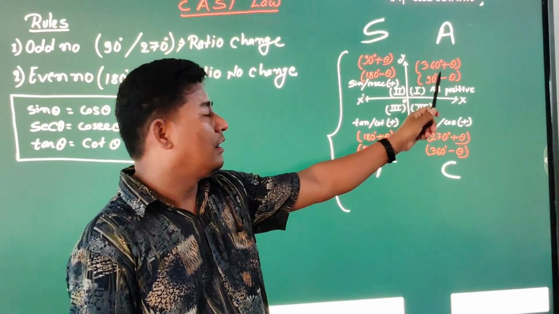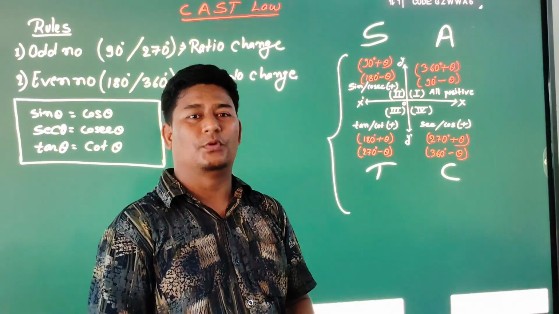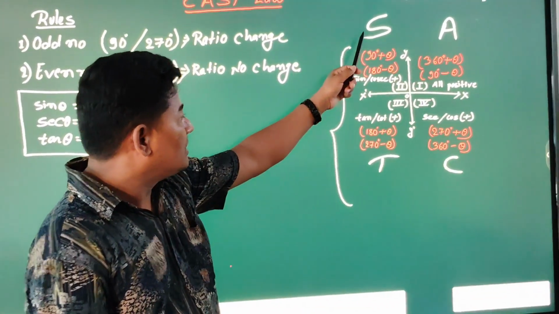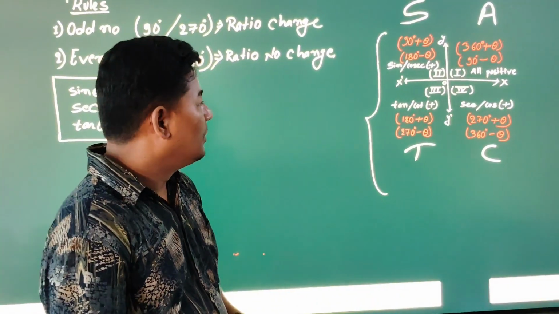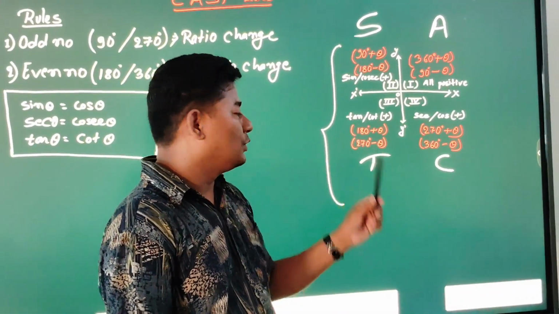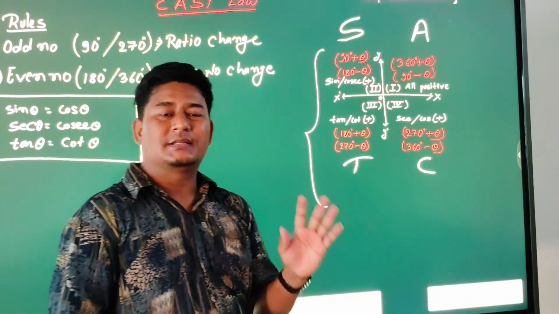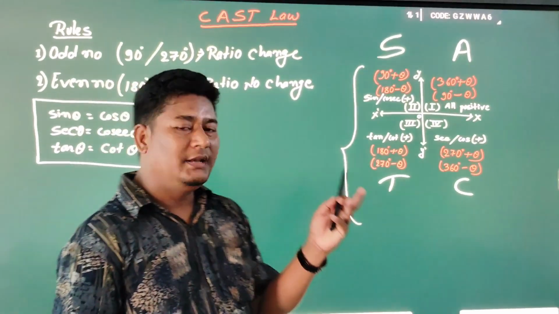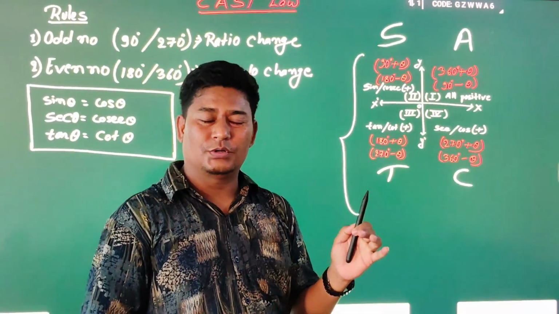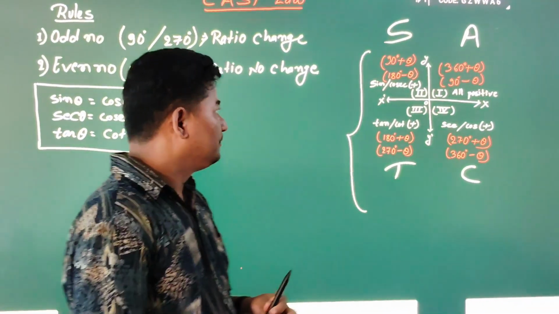In the 1st quadrant, all the trigonometric ratios are positive. Same, in the 2nd quadrant, sine and cosec are positive, and in the 3rd quadrant, tan and cot are positive. There are 6 trigonometric ratios in trigonometry: sine, cos, tan, cot, sec and cosec.